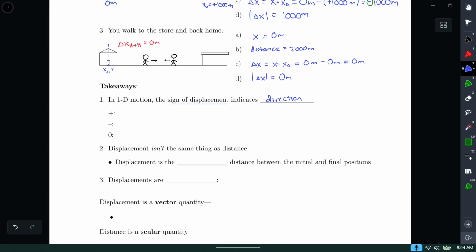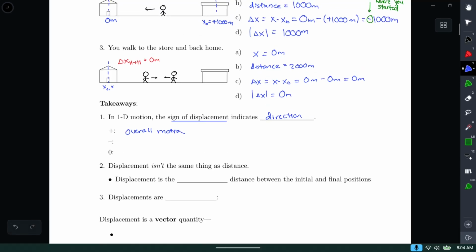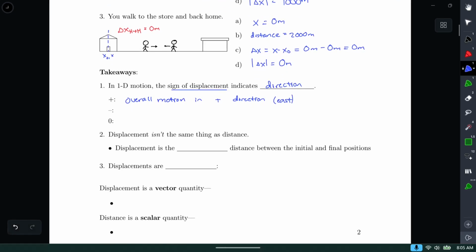But yeah, so positive is an overall motion in the positive direction, which in this example meant east. Negative is an overall motion in the negative direction, or west.